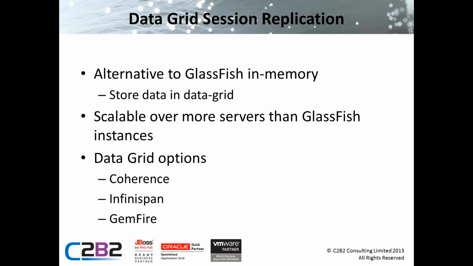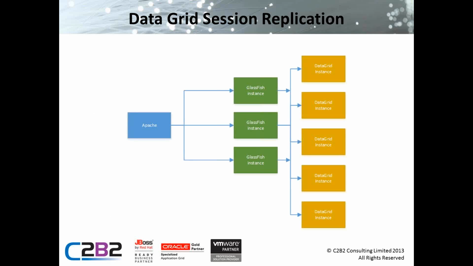So there are multiple options, and in this case you don't have to rely on the clustering part. So again, if you're not very confident about the GlassFish clustering in 4, you can use this external data grid, and it will even give you better scalability, and keep your GlassFish instances standalone.